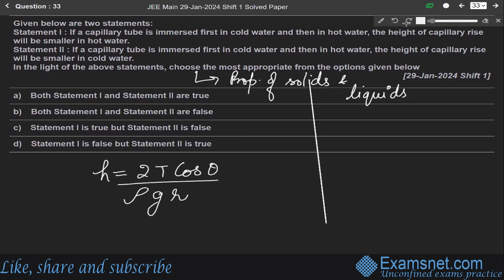So the height of capillary rise will be smaller in hot water and larger in cold water, since surface tension decreases when temperature increases.